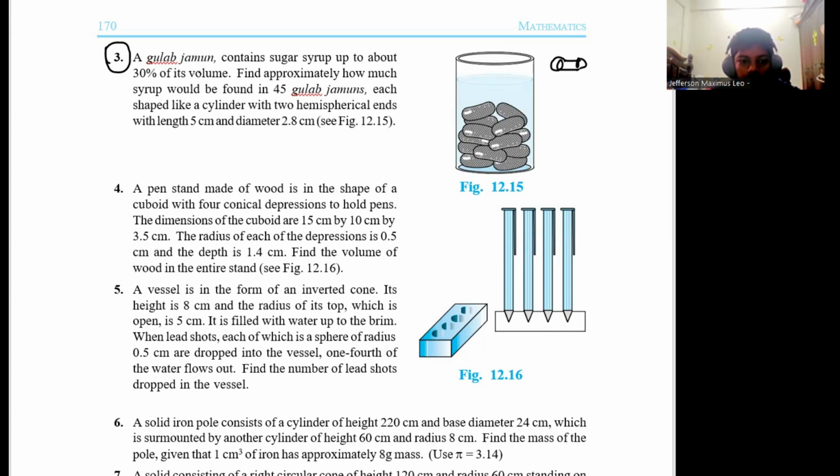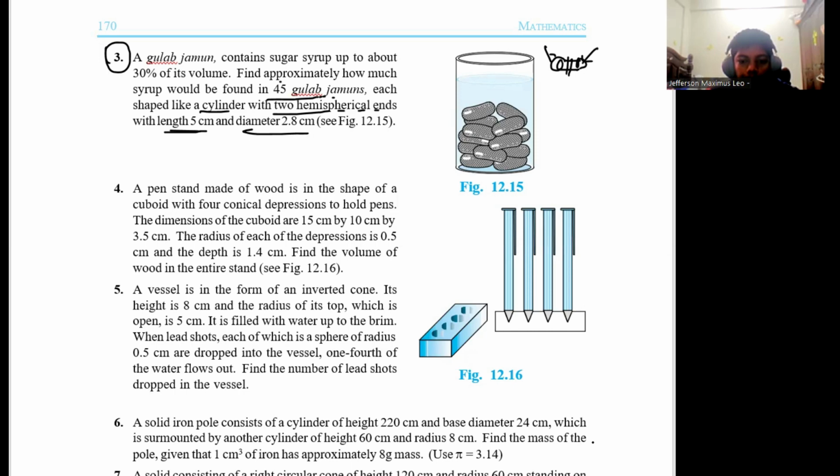So a cylinder in the middle and two hemispherical portions at the ends of the cylinder. Length is the total length of the gulab jamun. Diameter is 2.8 centimeter.